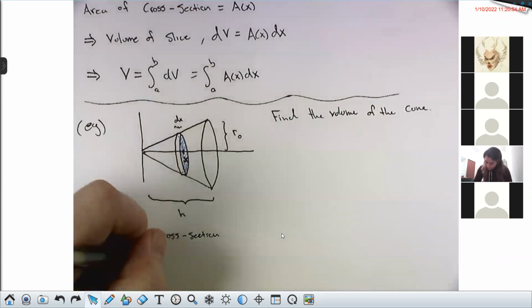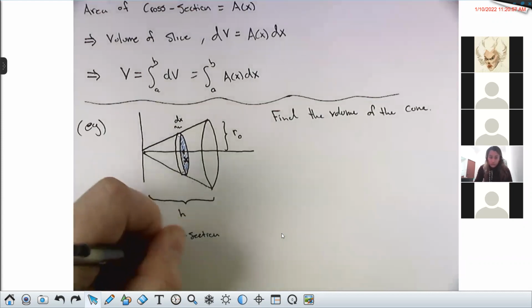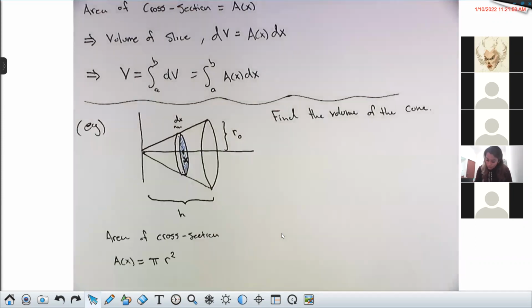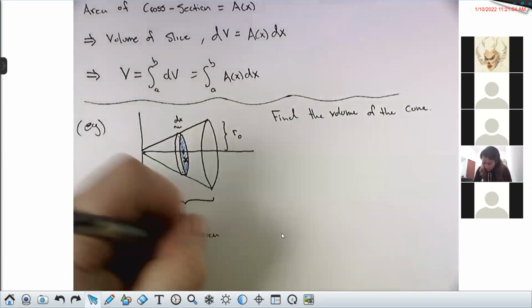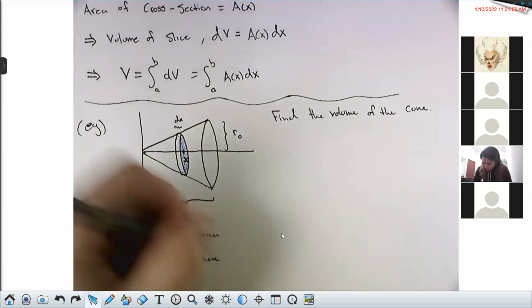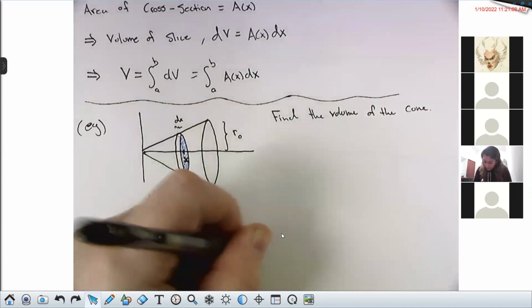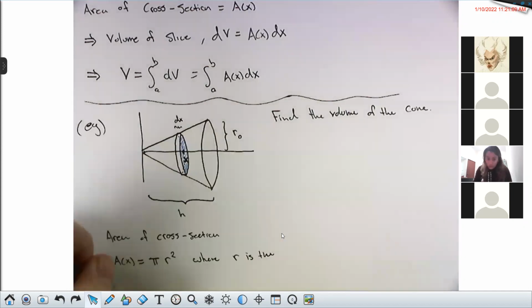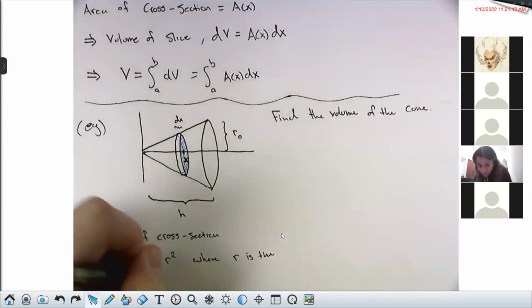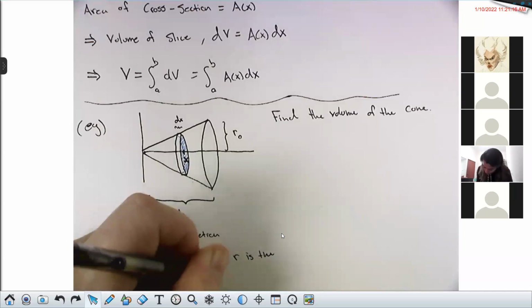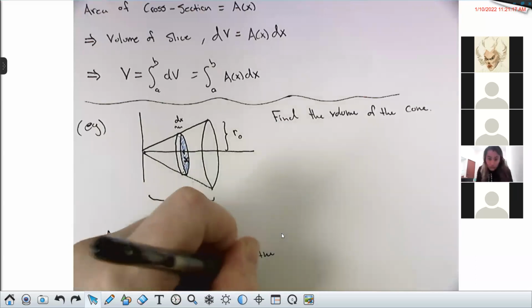So that's pi times the radius squared, where r is the radius of the circular cross-section.